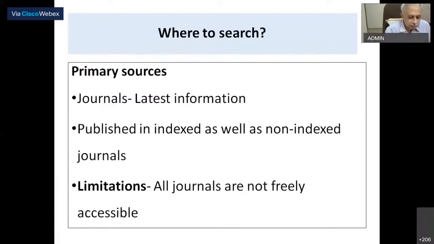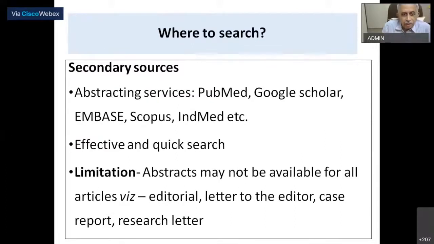But one of the limitations of looking at the journal is that many of them may not be freely available. So your institution or some other institution will be subscribing for these journals. You should always take the help and go through the journals. You can also use other sources like now you have PubMed, Google Scholar, Embase, Scopus, InMed. So many indexing agencies are there.